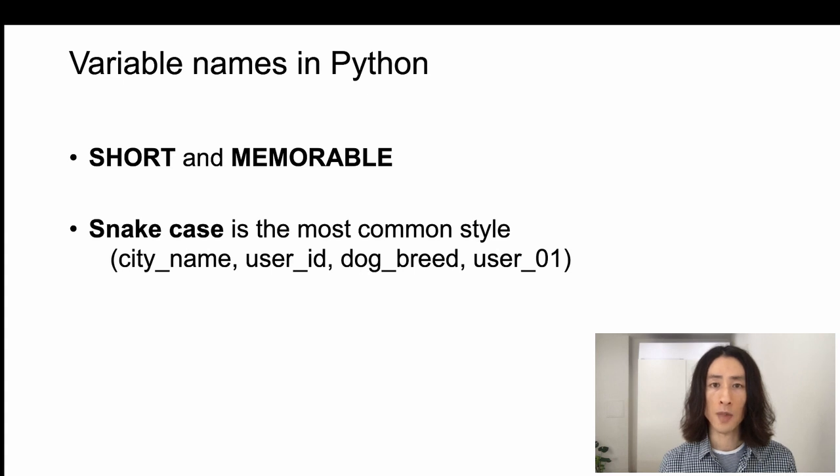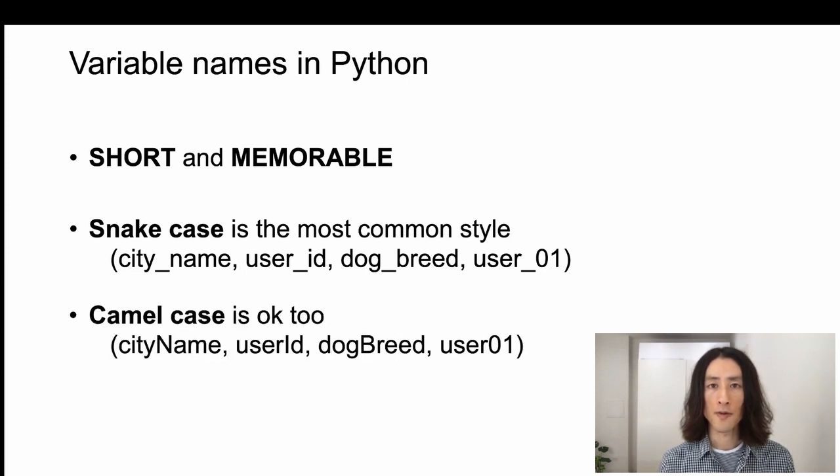And this type of naming convention that uses underscore to punctuate variable names is called snake case. This is probably the most common style in Python. If you're familiar with other languages, like JavaScript, you might have used camel case before. Camel casing is where you put everything in one word and capitalize the first letter of each word.